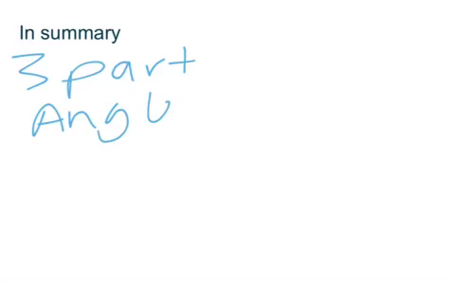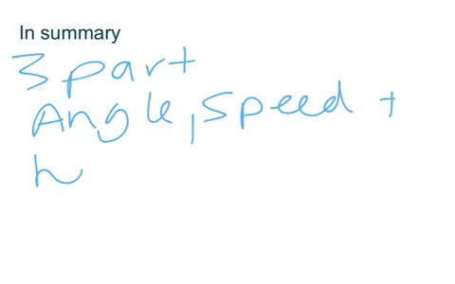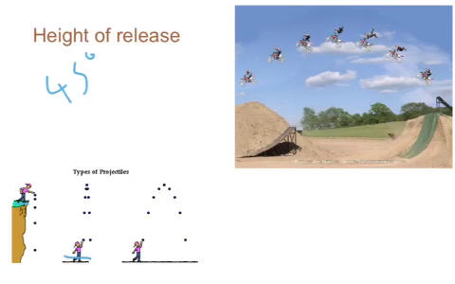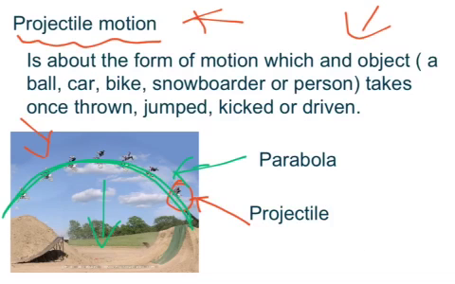So in summary, there are 3 parts to projectile motion: the angle of release, speed of release, and height of release. All 3 of these components work together to give us projectile motion. The arc that you can see in the very first example over here is the parabola, and the ball, object or person is the projectile.